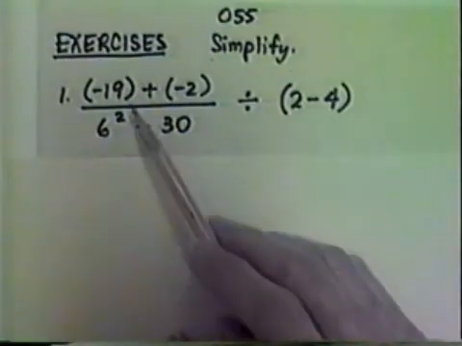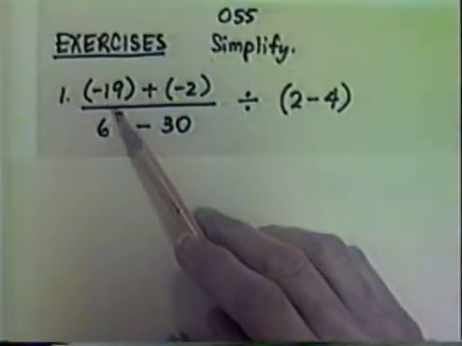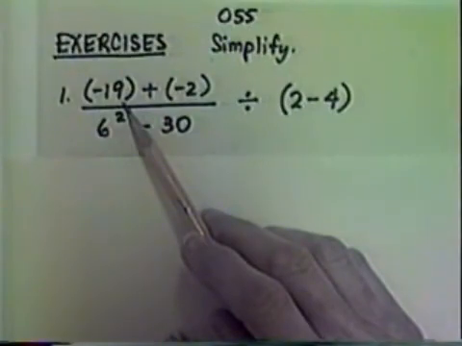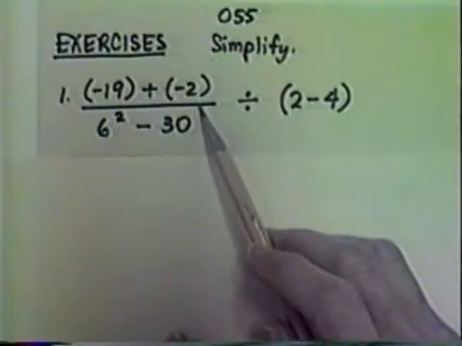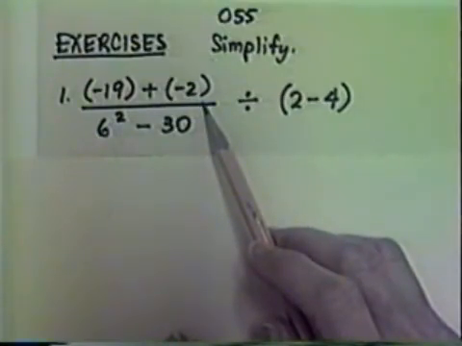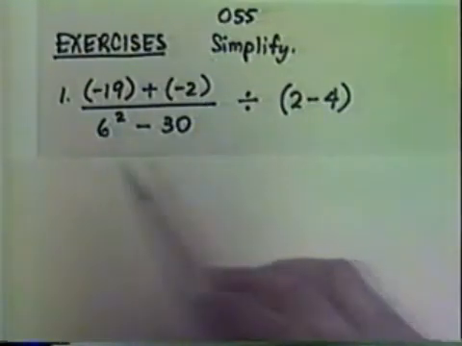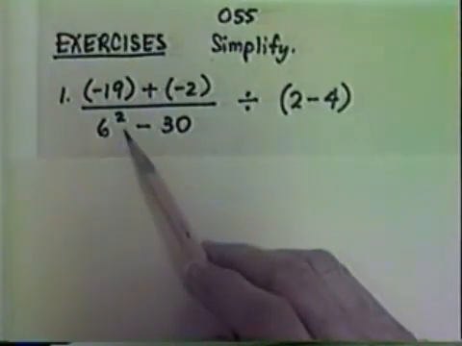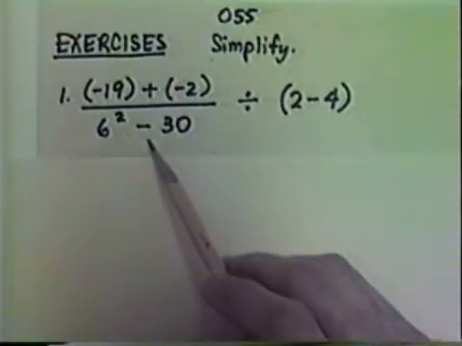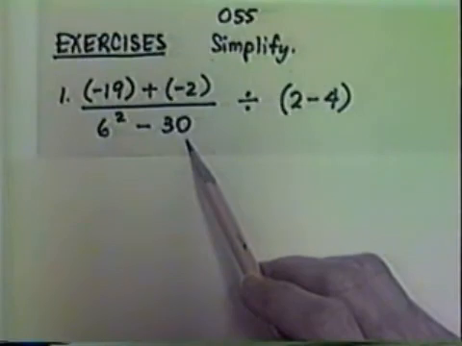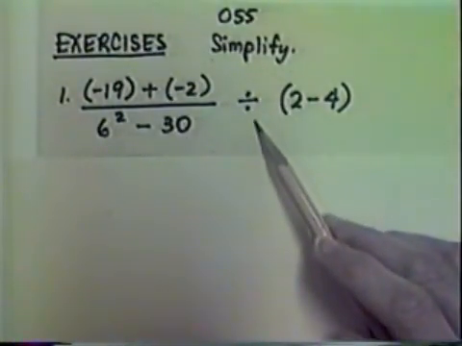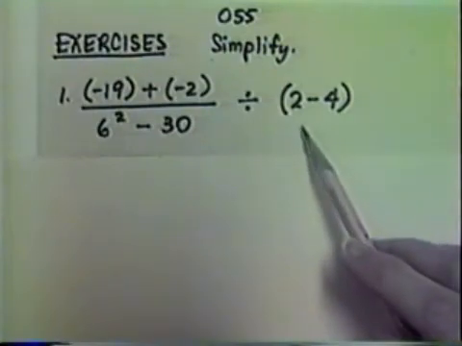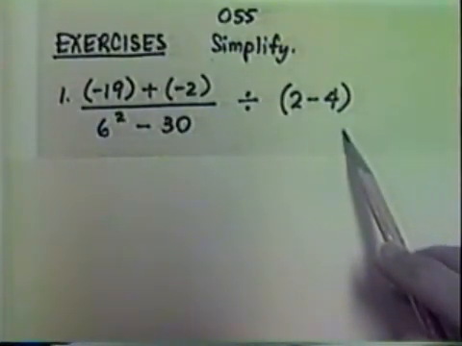Above a fraction bar, in parentheses, negative 19. Then add, then in another set of parentheses, negative 2. Below the fraction bar, 6 to the power 2, subtract 30. Then, after the fraction, divided by, in parentheses, 2 subtract 4.